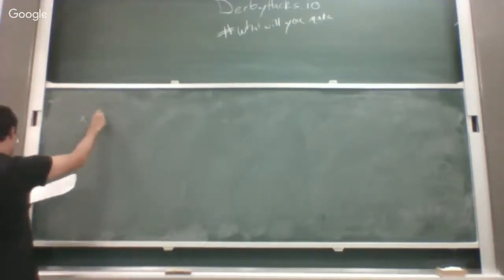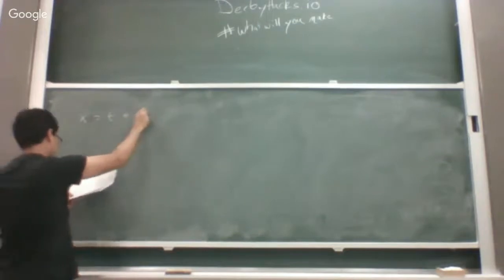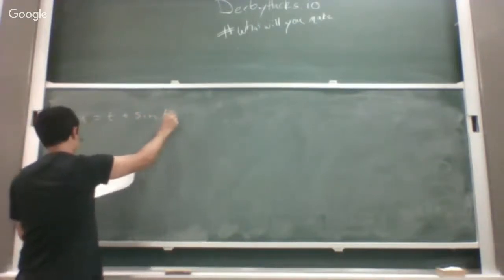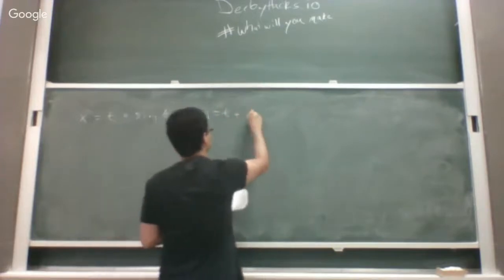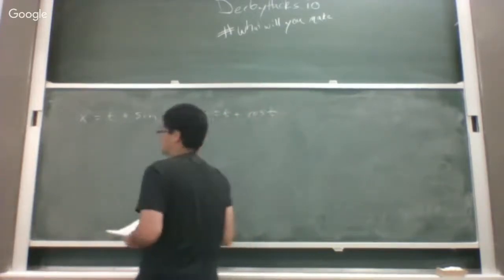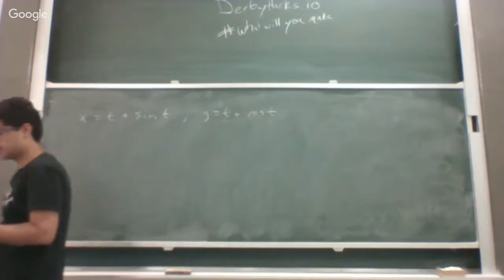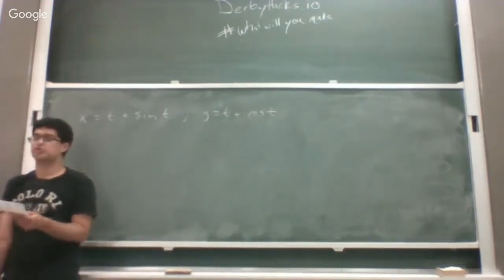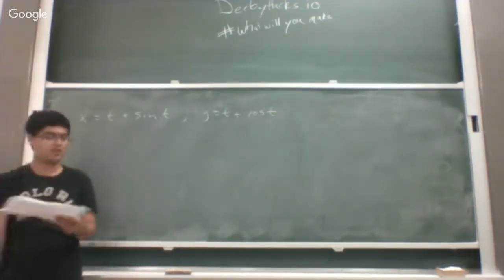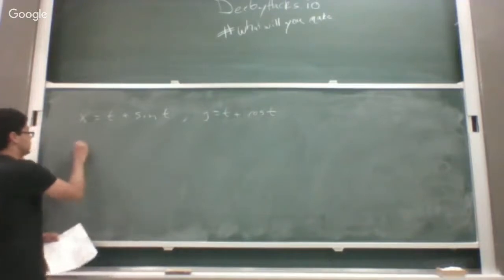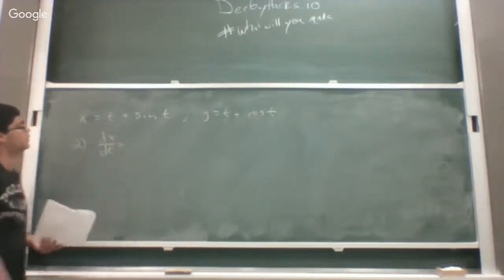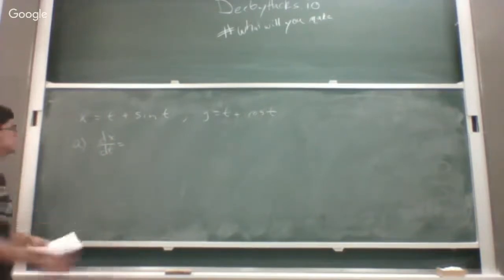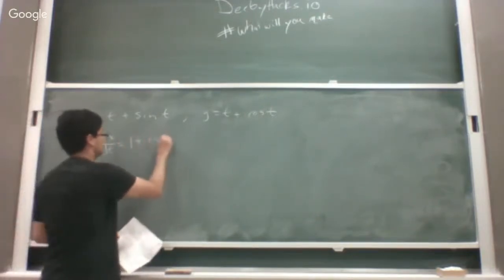We have x equal to t plus sine t, y equal to t plus cosine of t. So for part A, we have to find dx/dt. And what would that be? 1 plus cosine t. Yep.